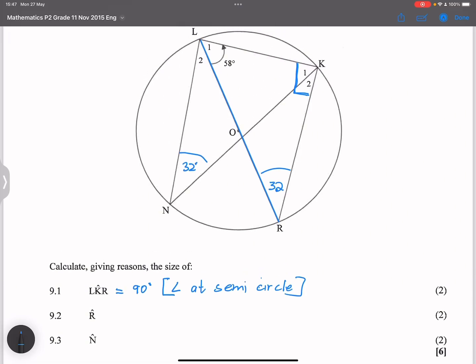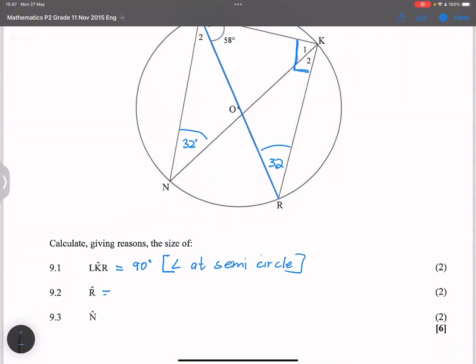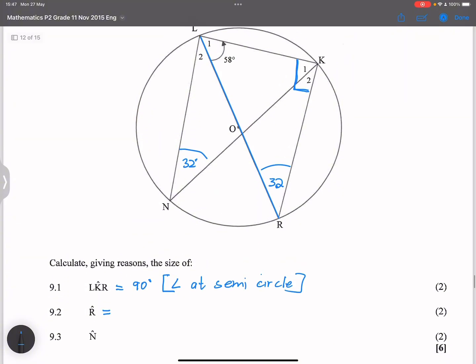And then they wanted angle R. So we're going to say angle R would be equal to 180 minus 90 plus 58. And so that gives us 32. And why is that? These are sum of angles in a triangle, right?